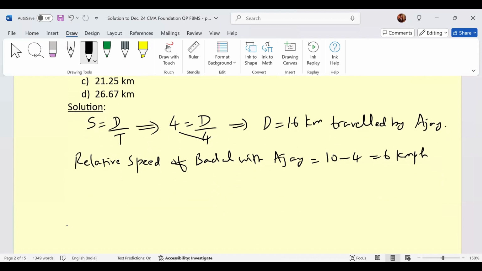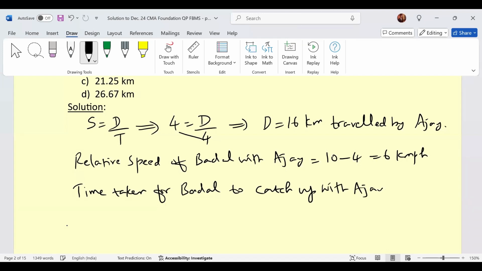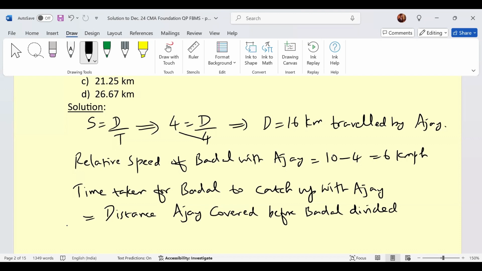Now, time taken for Badal to catch up with Ajay is equal to distance Ajay covered before Badal divided by the relative speed.